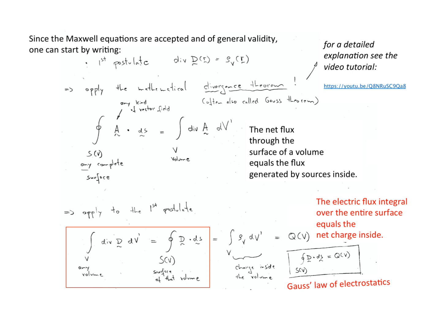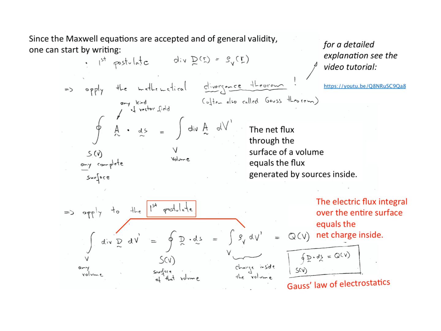The volume integration of the sources of the electric flux density D, divergence D, is on the left, and because of the theorem, this has to be equal to the closed surface integration over the vector field D itself as it penetrates through the surface, D dot ds.